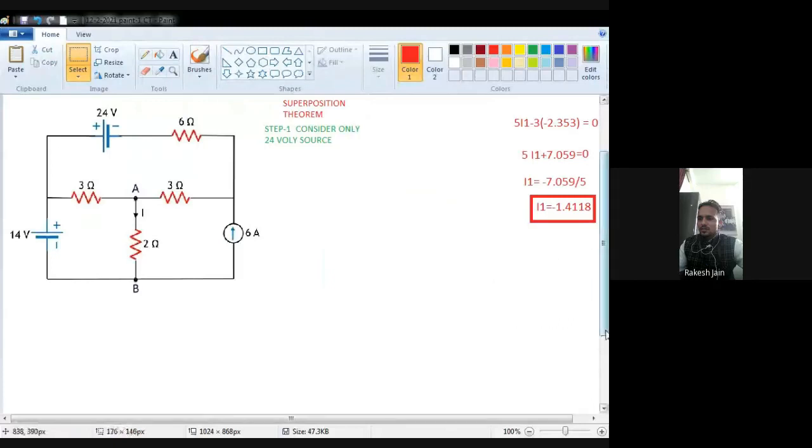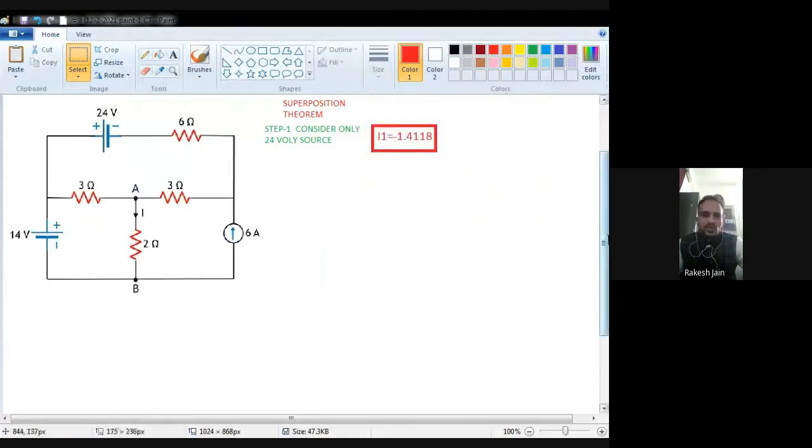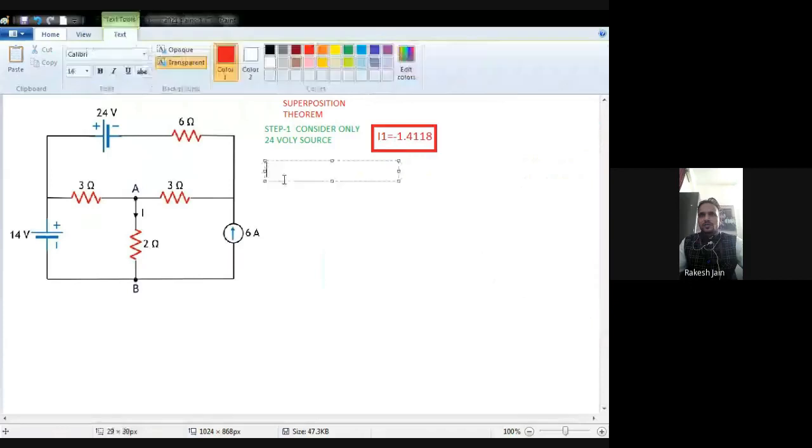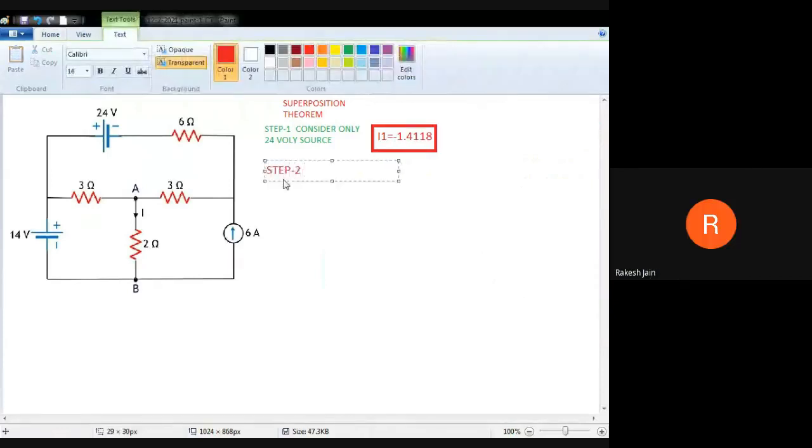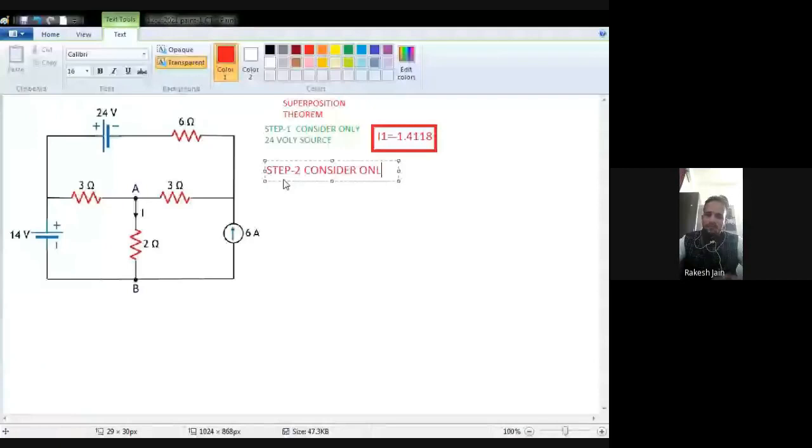When I check with the calculator, minus 120 divided by 51, it will be minus 2.3529. So we can say minus 2.353. Now I have to find out I1. So put this value of I2 in equation number 1, so that we will find out the value of I1, which is my answer of step number 1.